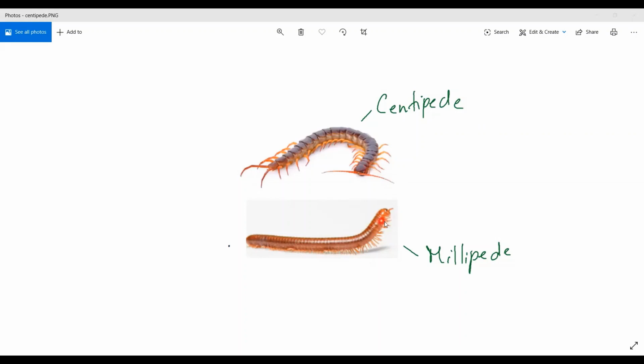Yani the segments that come after the head increase, so the length of this organism will increase. In the centipede, from every segment there always comes 1 pair of legs. But in the millipedes, each segment carries more than 1 pair of legs, maybe 2 pairs, 3 pairs, whatever. This is all what you have to know about the animal kingdom.